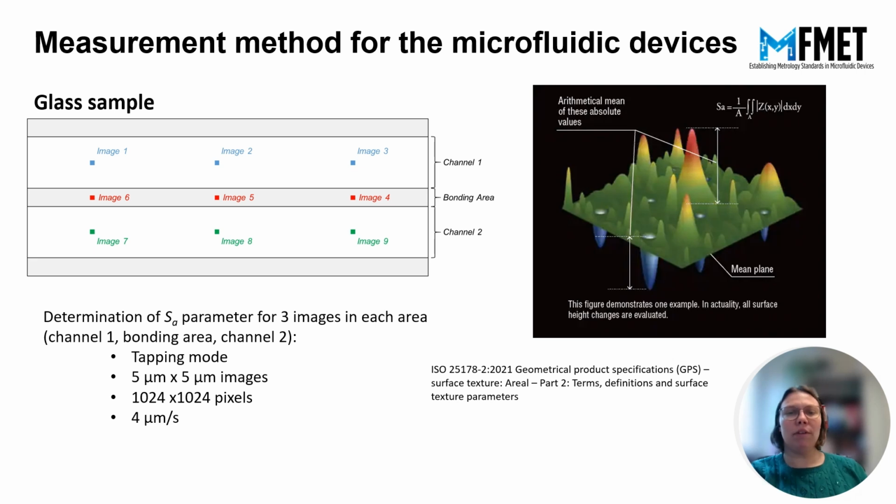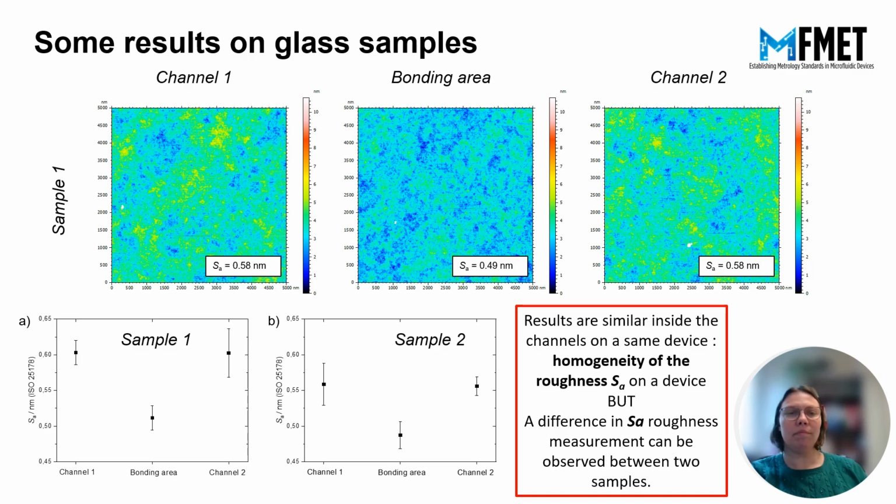In the frame of the MFMET project, we measured the Sa parameter for 3 images at each different location of a glass microfluidic device. Images were acquired in tapping mode, scan size is 5 by 5 micrometers squared, and the resolution is about 1000 by 1000 pixels. What can be observed on the glass sample is that the measured Sa parameter is different inside the channels and on a bonding area between the two channels.